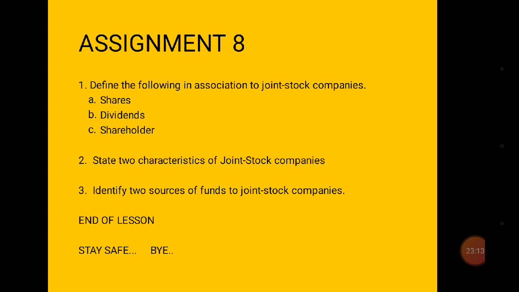Define the following in association to joint stock companies: shares, dividends, shareholder. Number 2, state 2 characteristics of joint stock companies. And number 3, identify 2 sources of funds to joint stock companies.